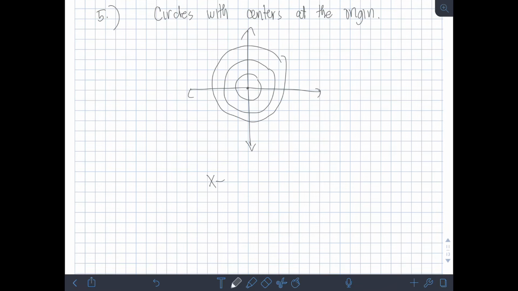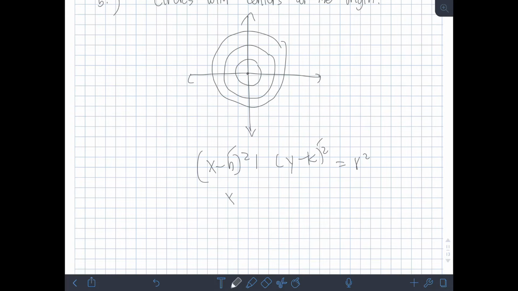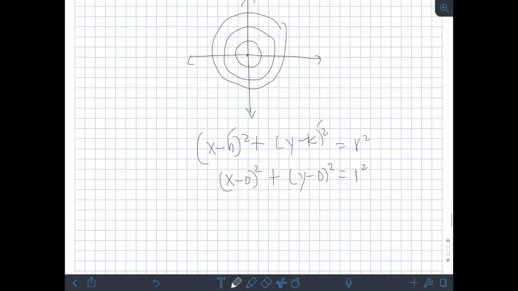So, x minus h squared plus y minus k squared is equal to r squared. Okay? So, since sabi yung center daw natin ay laging origin or 0, 0, pwede natin i-substitute yon. So, parang x minus 0 squared plus y minus 0 squared equals r squared. Or simply, x squared plus y squared is equal to r squared.